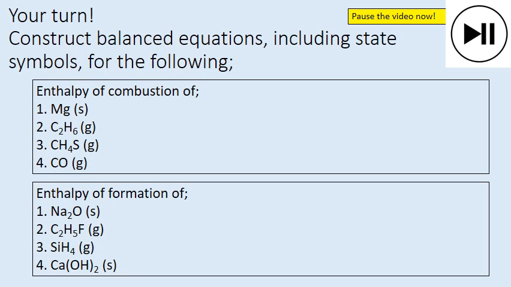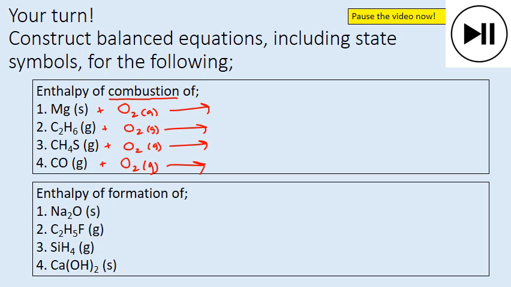Okay, so the first 4 are enthalpy of combustion. That means that we are reacting them with oxygen completely. So in every single case for the first 4, plus O2, gas. Every single case.